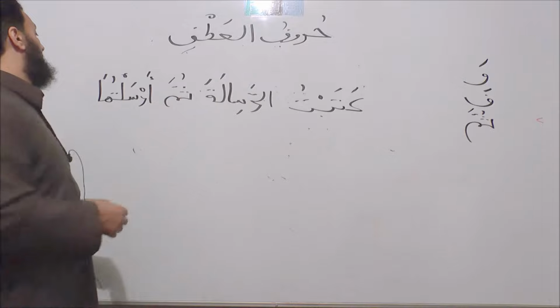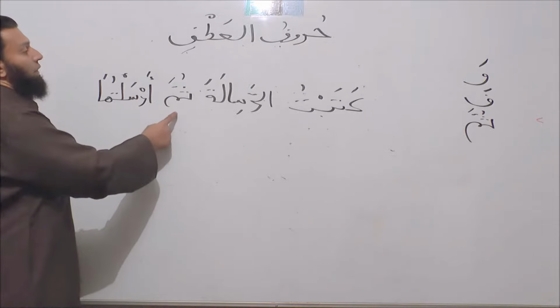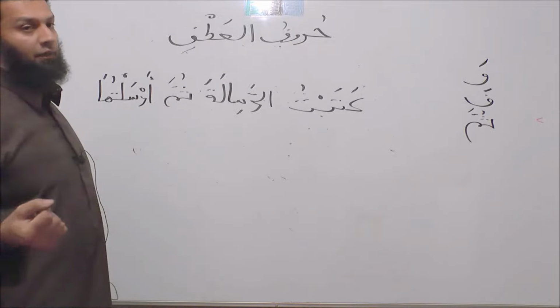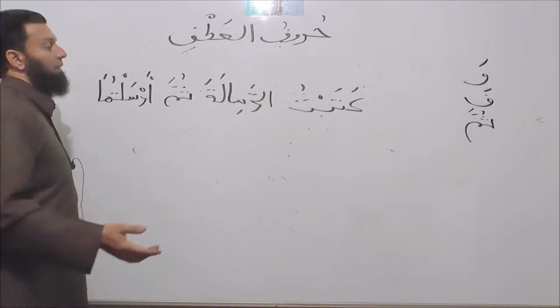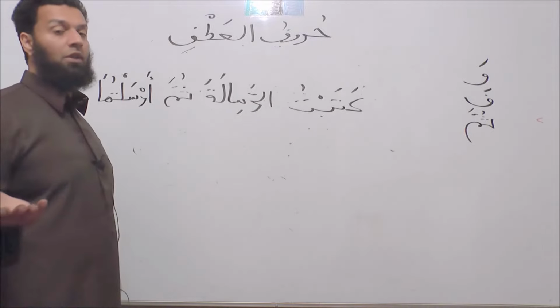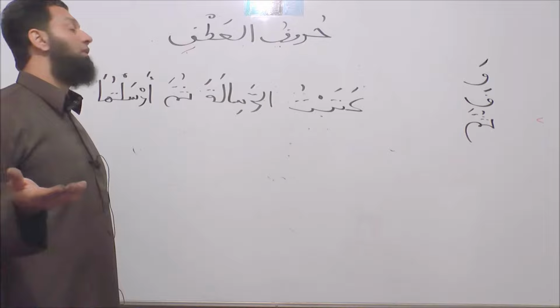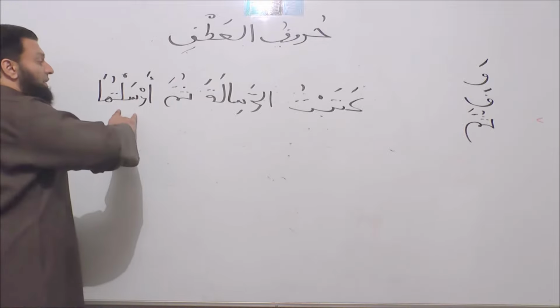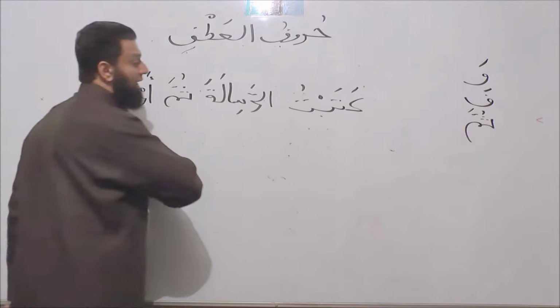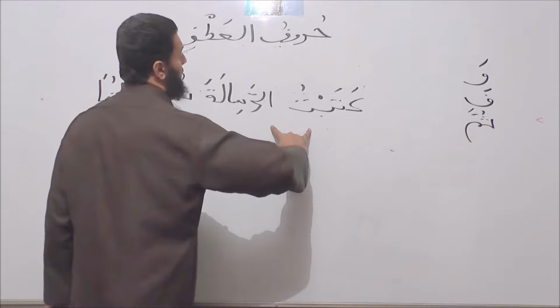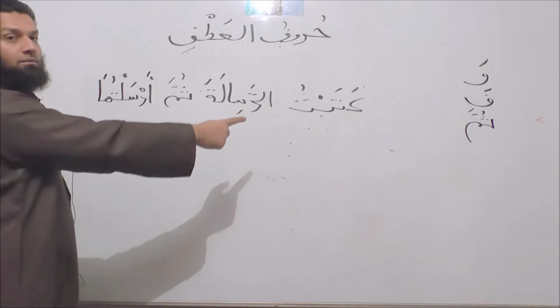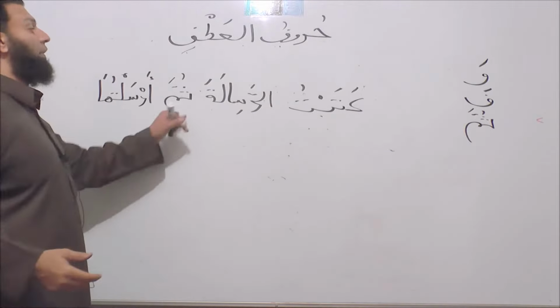Right? So the thumma min huruf al-atfi. So again we have two al-jumlatul fi'liyatu. This one is al-ma'tufu and that one is al-ma'tufu alayhi. They're connected by the thumma.